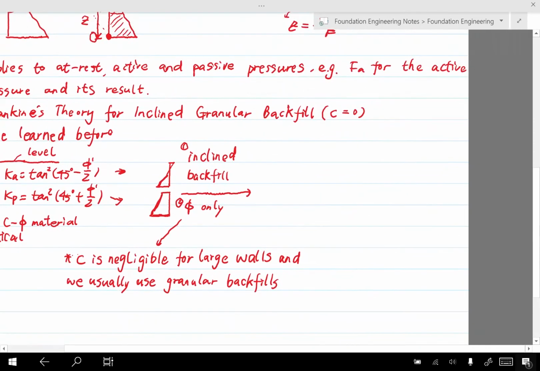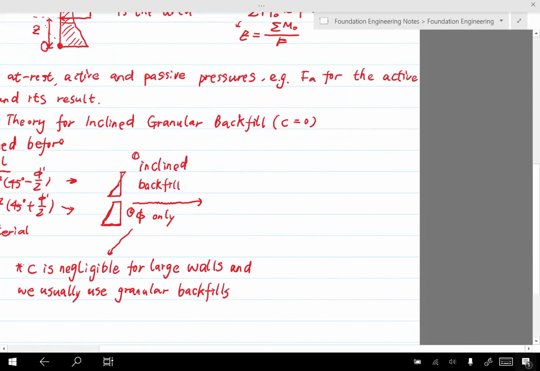And if we move from what we learned before to the new application, when we have inclined backfill and when we have a granular material, instead of the C-phi material, which has both internal friction angle and cohesion, we will get the new Ka and Kp equations.